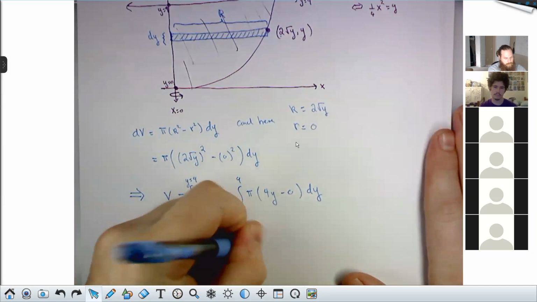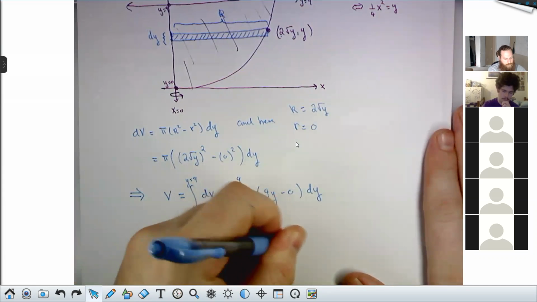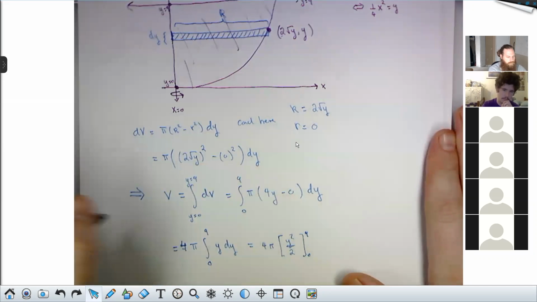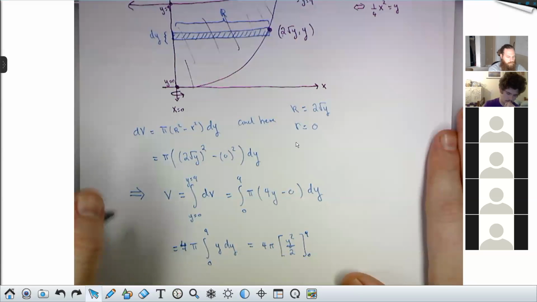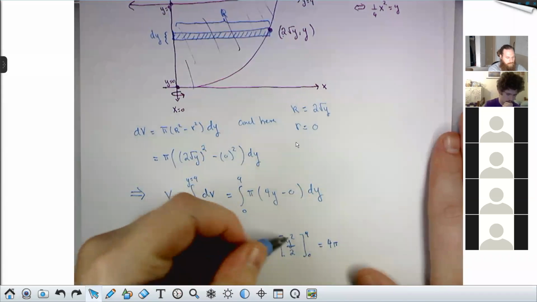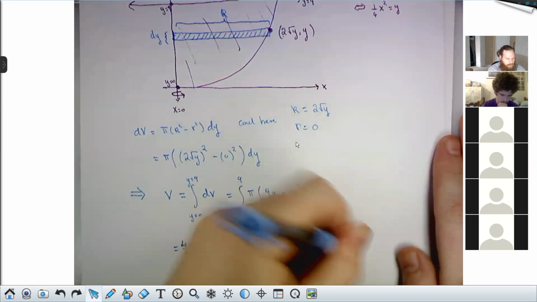which is 4 pi times y squared over 2 evaluated from 0 to 9, which is 4 pi times 9 squared over 2. That's 81 halves.